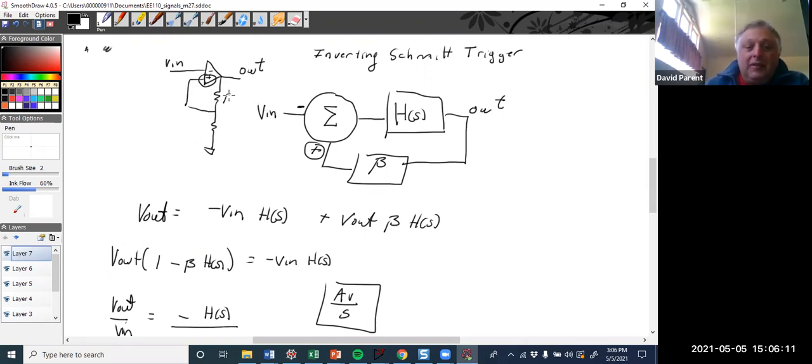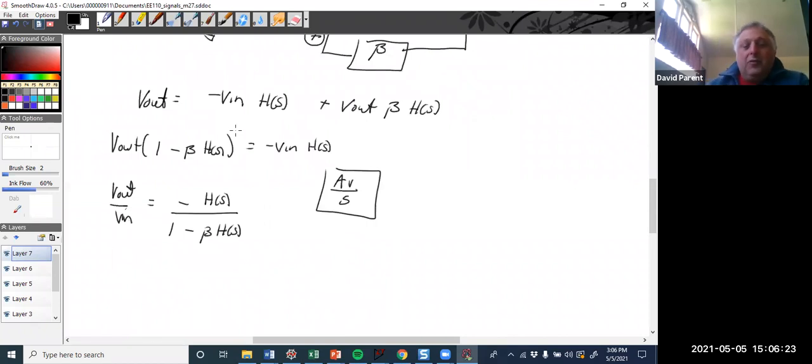But that's not true. This circuit, if it's above a certain threshold, will go to the negative rail. If it's below, it'll go the opposite way. So in order to truly understand this circuit, you have to have something like this. If I put A V0 as a constant, I'll get an answer, but it won't be the right answer.